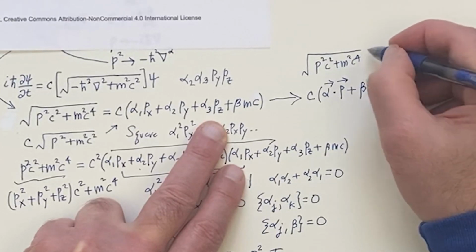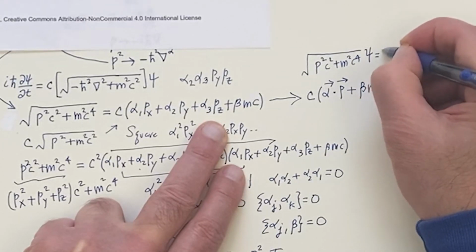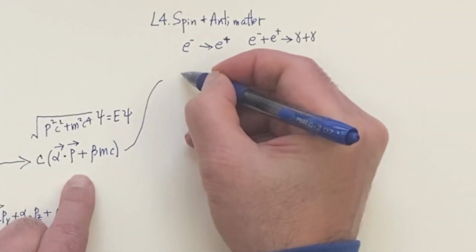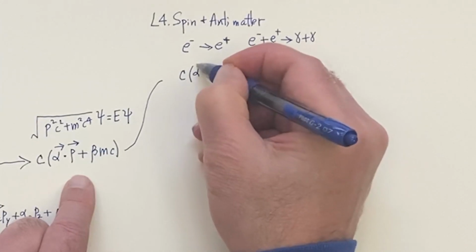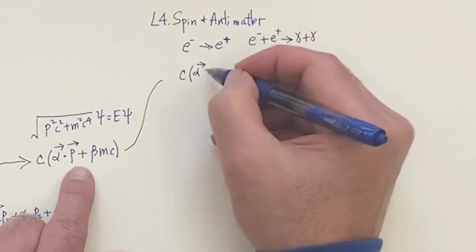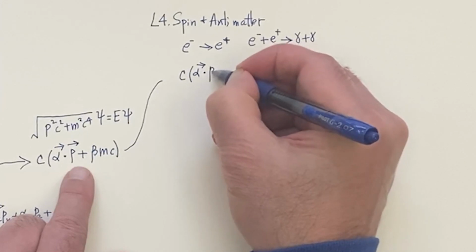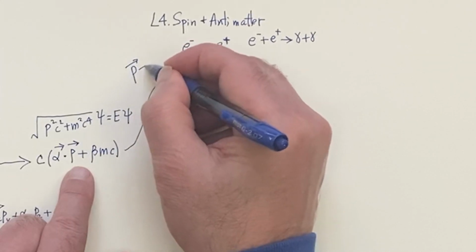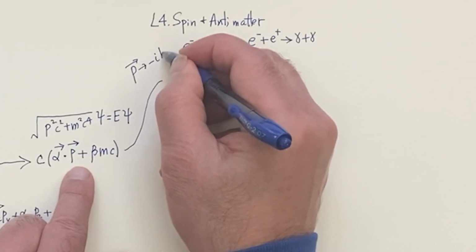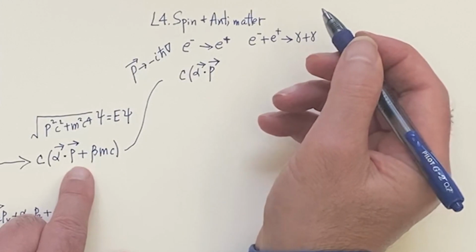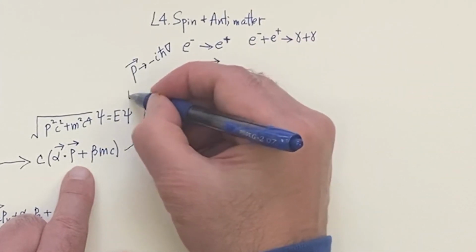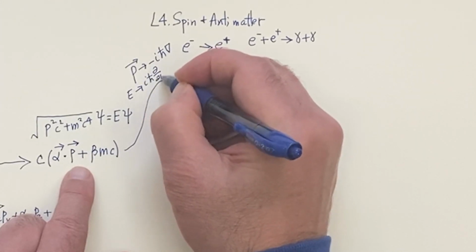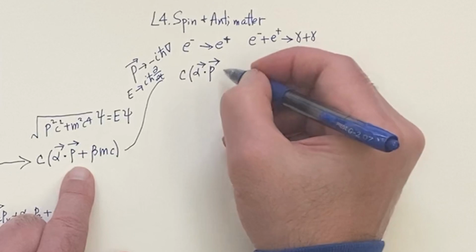And that's the energy. So when we hit that on here, then we get the energy. So the Dirac equation is going to be c, and you could put in those derivatives for the p if you want with that prescription, but I'd rather not. I can get a lot done without doing that. In other words, without doing this: p goes to minus i h bar, the del operator, and the E goes to i h bar, the partial with respect to t. But for now, I want to leave it this way.